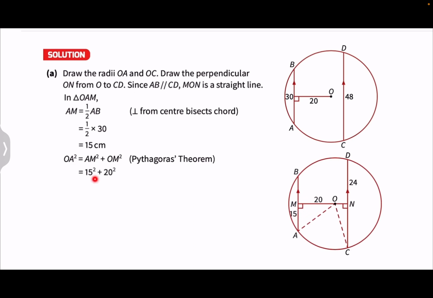We'll have 15 squared plus 20 squared. Evaluating the right side of this expression and taking square roots on both sides, OA will be equal to the square root of 625, which will give us 25. So OA will be equal to 25 cm. So hence, the radius of this circle is 25 centimeters.